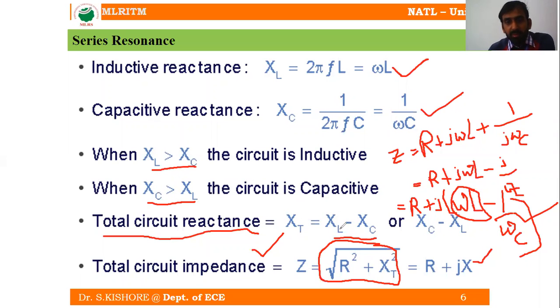The reactance has many terms, that is XL and XC, the inductive reactance and the capacitive reactance. The sum of the inductive and the capacitive reactance is going to be our total reactance.